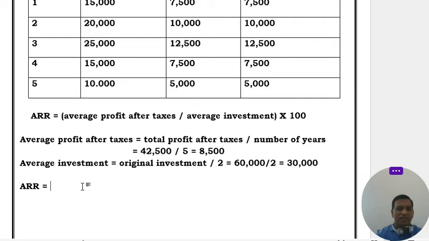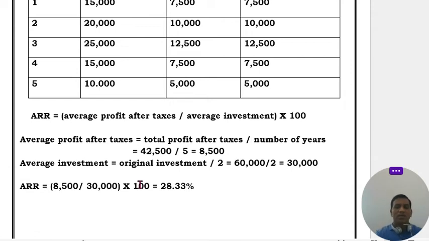Average profit after taxes 8,500 divided by average investment 30,000, multiply by 100. 8,500 divided by 30,000 multiply by 100 is 28.33%.